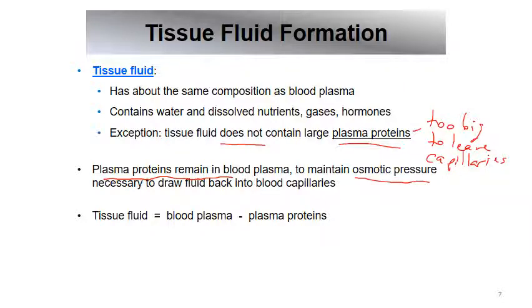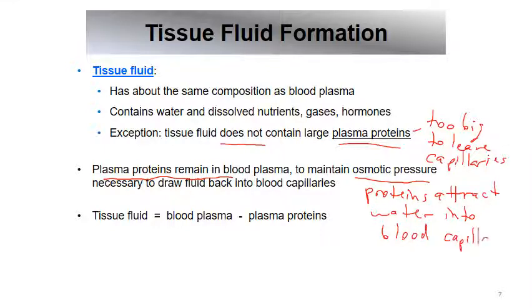What this refers to is that the proteins attract water into the blood capillaries. So you want them to stay in there. If those proteins are not in your blood capillaries, then the water is not going to go back into your blood capillaries. So here the tissue fluid is blood plasma minus proteins.